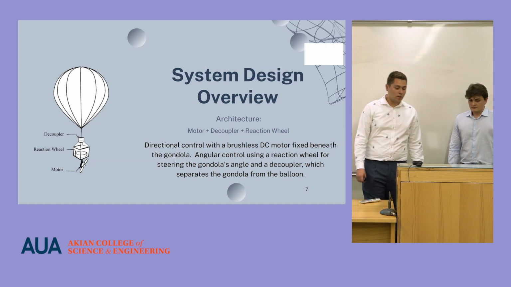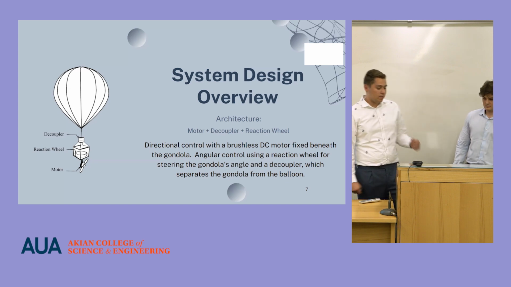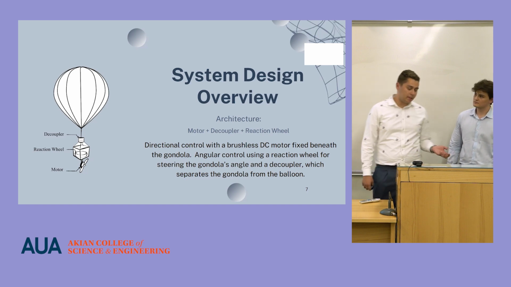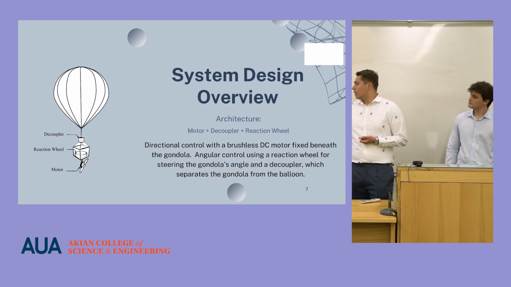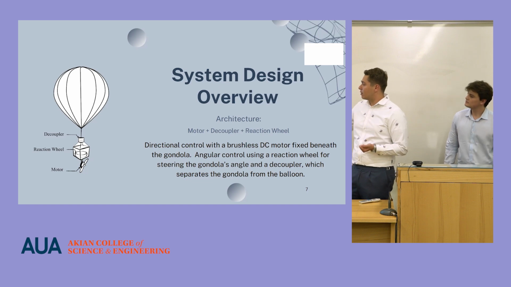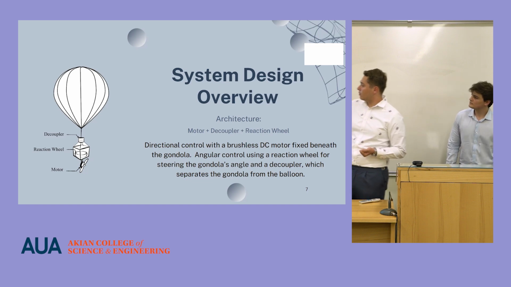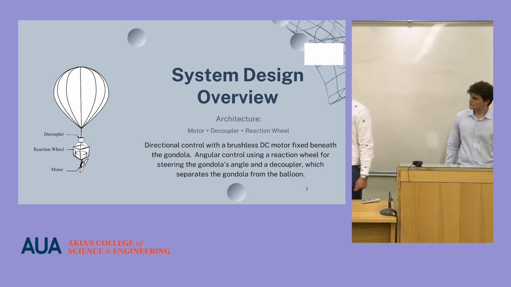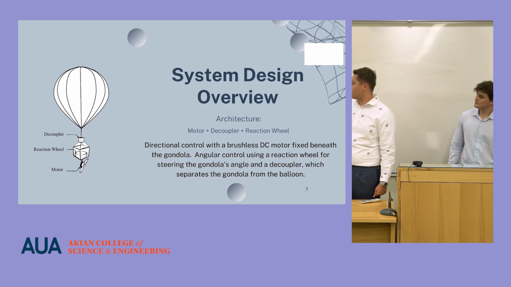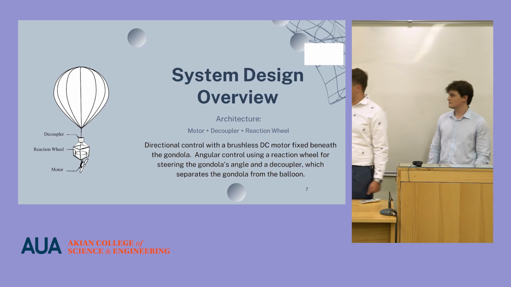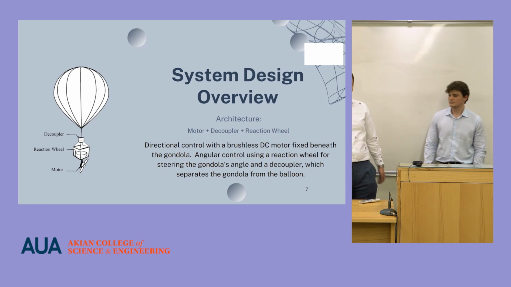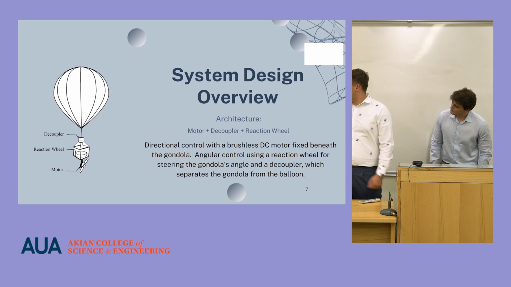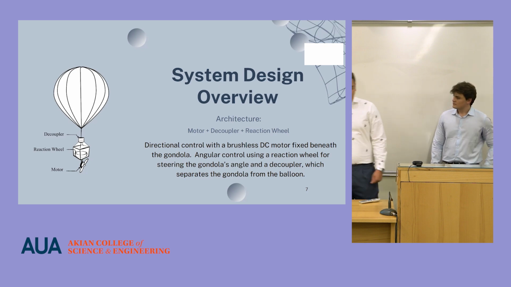The decoupler is an active system that separates the balloon from the gondola, because some forces may affect the rope with torsion, and this way it can be ignored.